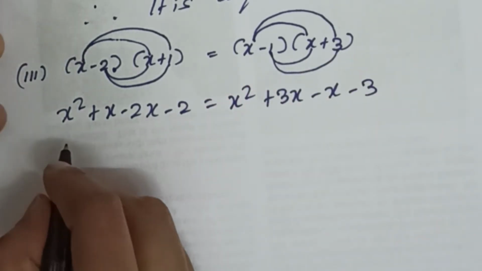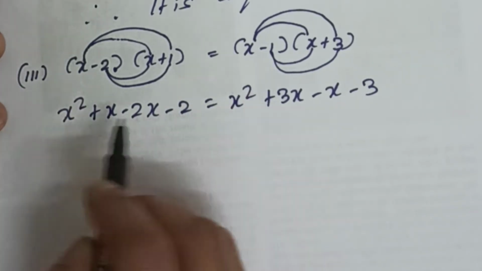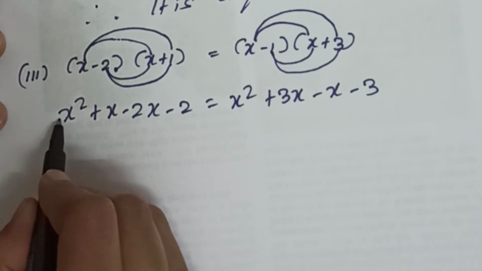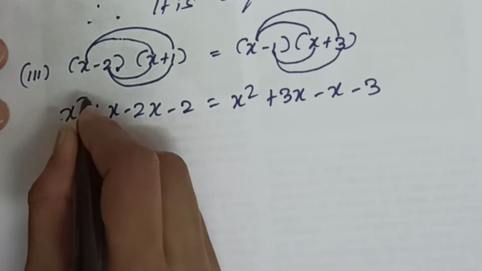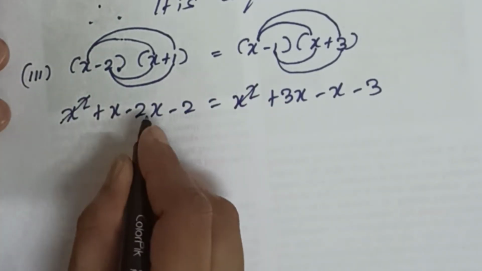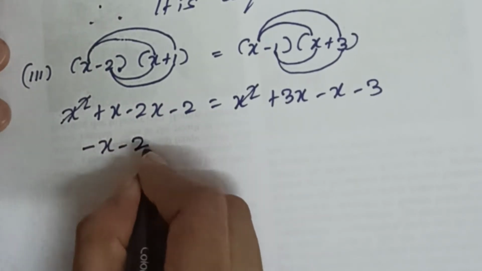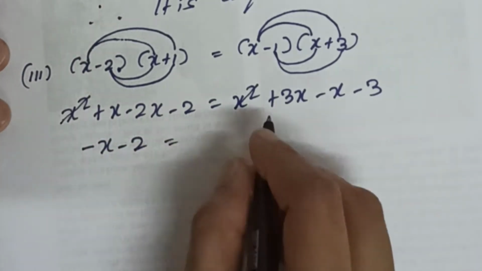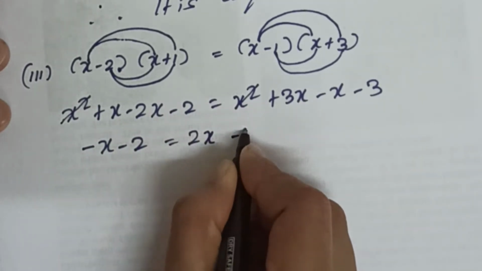Now we have x square here on the left hand side and here on the right hand side, both having the same sign, so x square and x square will get cancelled. Now what is left? x minus 2x, that means minus x minus 2, equal to 3x minus x, so it is 2x minus 3.